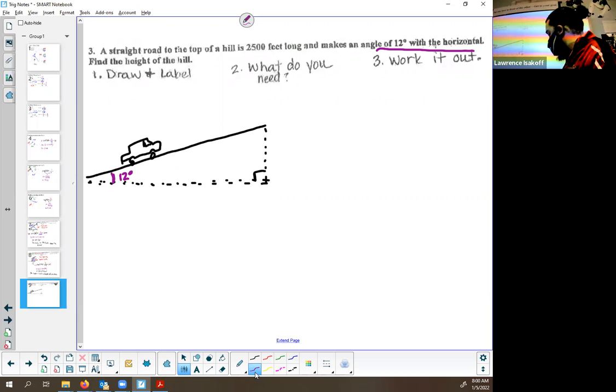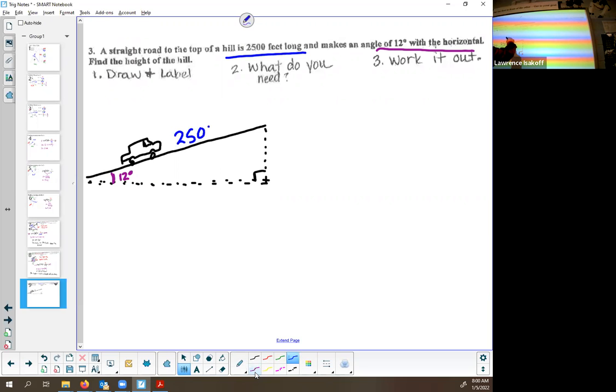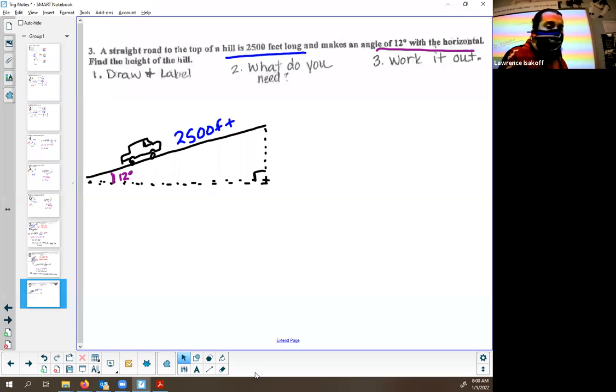Okay, let's see what other information we have. We know that the road is 2,500 feet long. Just to give you some context, let me quickly get a conversion there, so we have a little more of an idea of how long this road is.